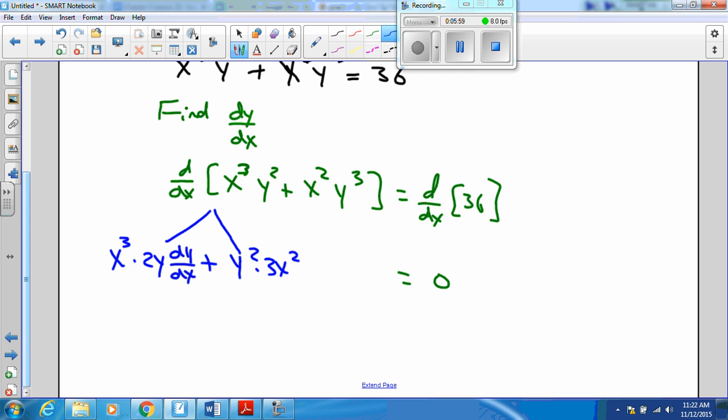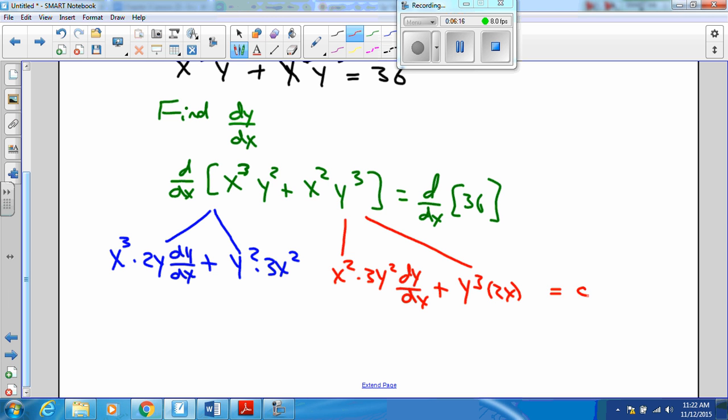And then for the next term, product again, so that I get first times the derivative of the second plus second times the derivative of the first. And then all of that equals 0.